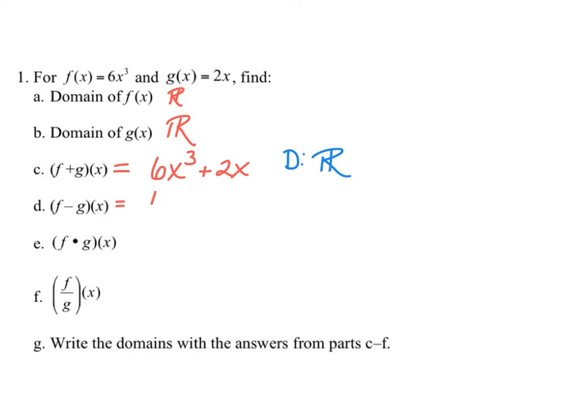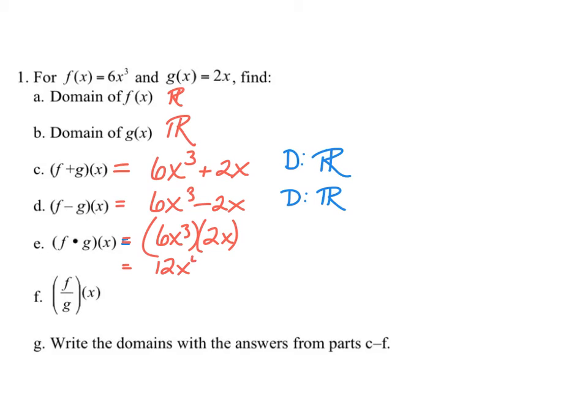Then I am to subtract f of x minus g of x, so there's that, nothing to clean up there, all real numbers. Next I'm told to multiply, so this is 6x cubed times 2x. That's going to equal 12x to the fourth, a quartic function, and the domain, again, is all real numbers.